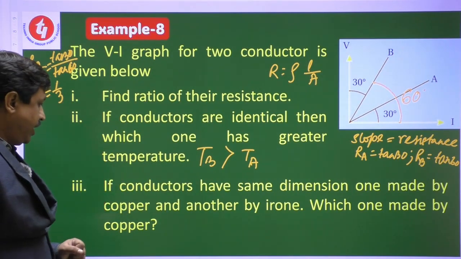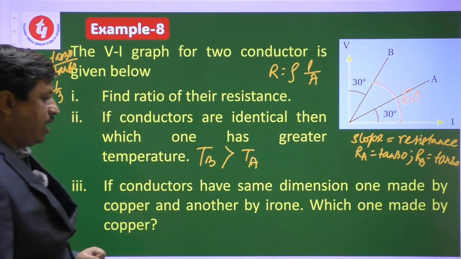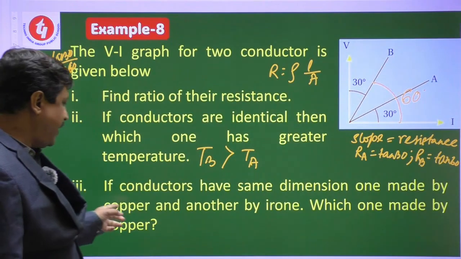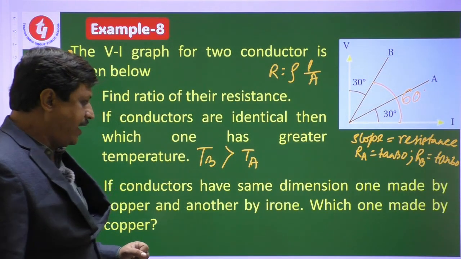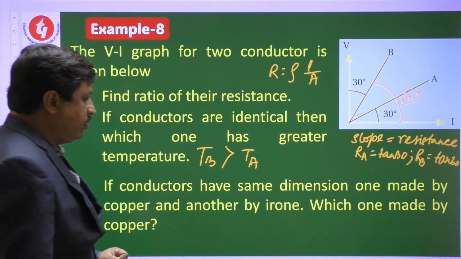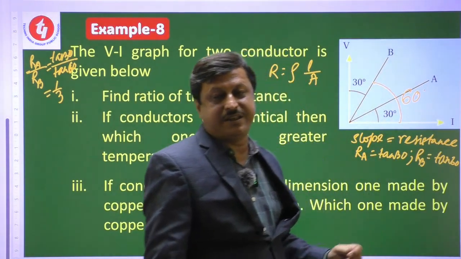And next one, if conductors have the same dimension, means length and area of cross section are the same, one made of copper and another made of iron. Which one is made of copper? That means materials of A and B are different.